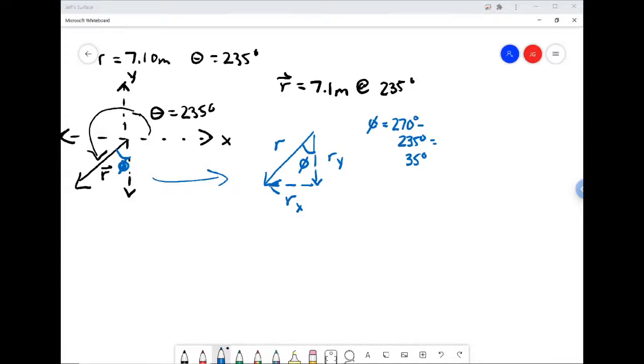Anyway, how can we find these sides of the right triangle? We use the cosine and sine functions.